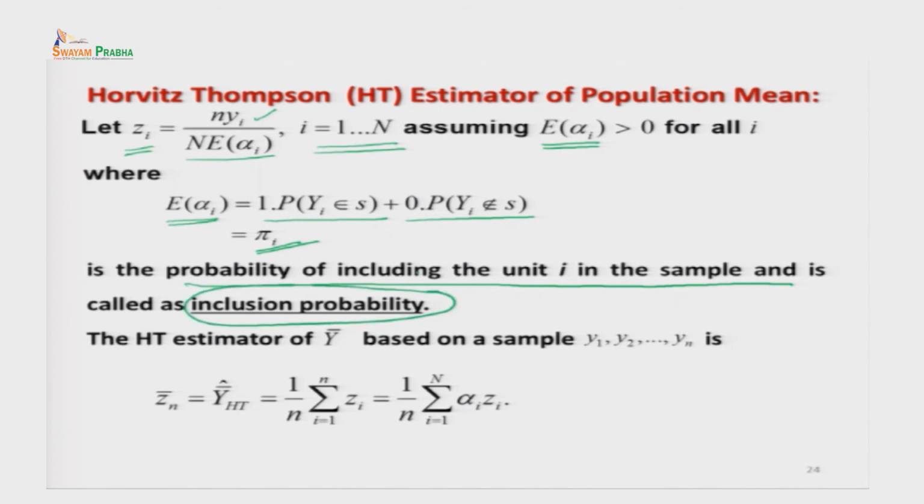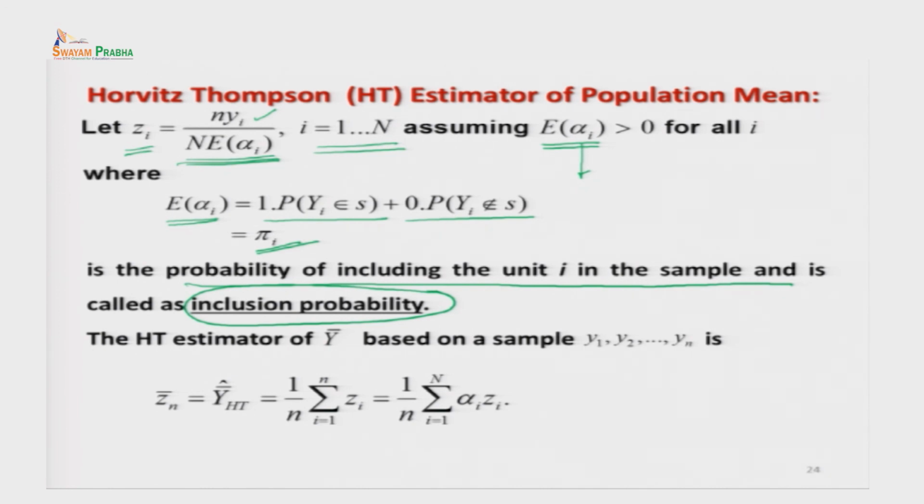Probability is always greater than 0. So this actually becomes n times yi divided by n times pi I. So there is no problem in assuming that the expected value of alpha I is positive.